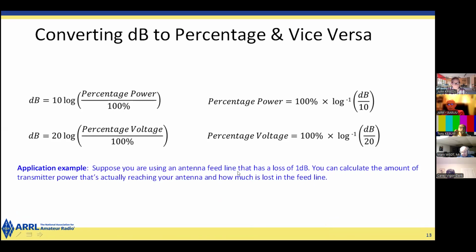Suppose you are using an antenna feed line that has a loss of 1 dB. You can calculate the amount of transmitted power that's actually reaching your antenna and how much is lost in the feed line.